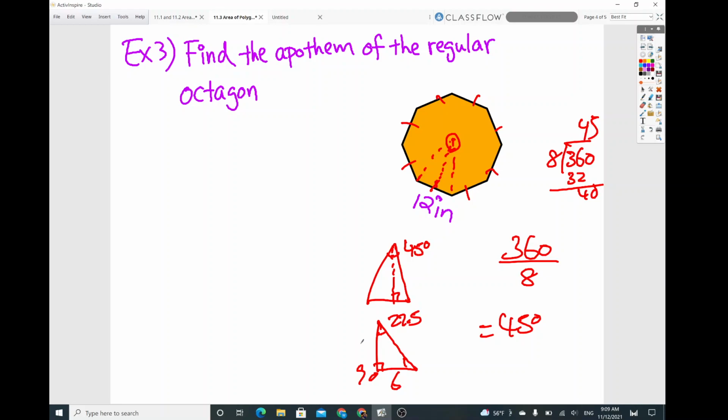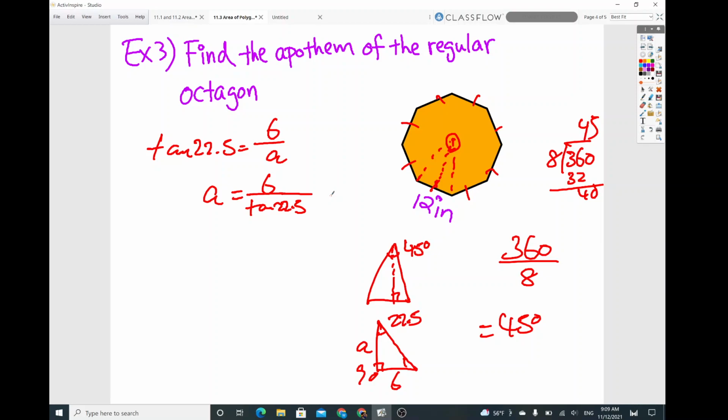In order to get the apothem, we can use tangent. Tangent of 22.5 is opposite over adjacent, so 6 over A. Solve for the apothem by cross multiplying or just swapping those terms. So we got A equals 6 over tangent of 22.5 degrees.